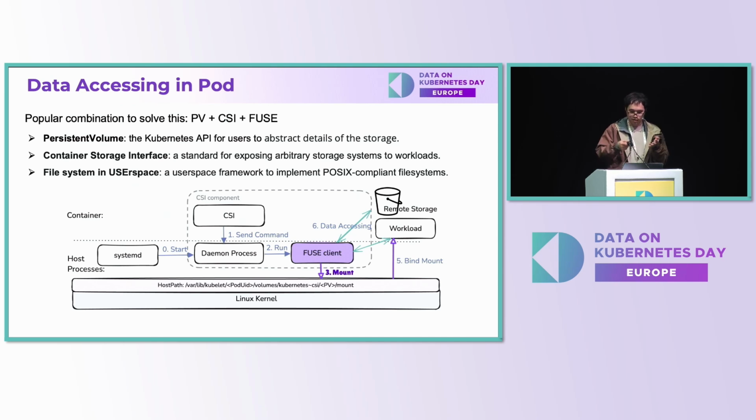Fuse, the file system in user space, translates remote storage to a POSIX compliant file system. So any data operation on that file system will be mirrored as some data operation to the remote storage. So now the workload pod is able to access remote storage just like it is accessing any files stored at a local file system.